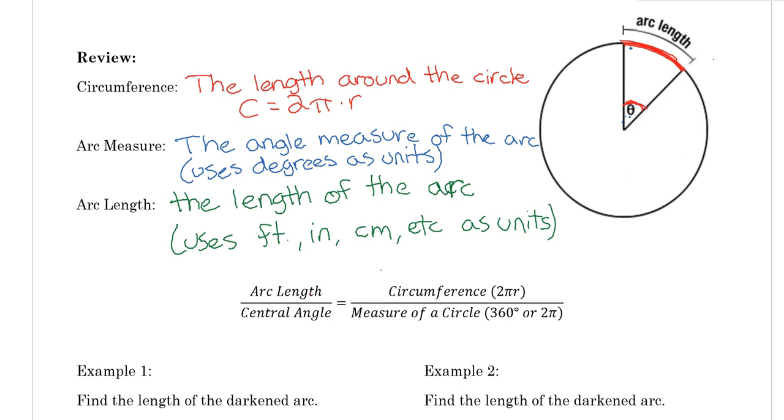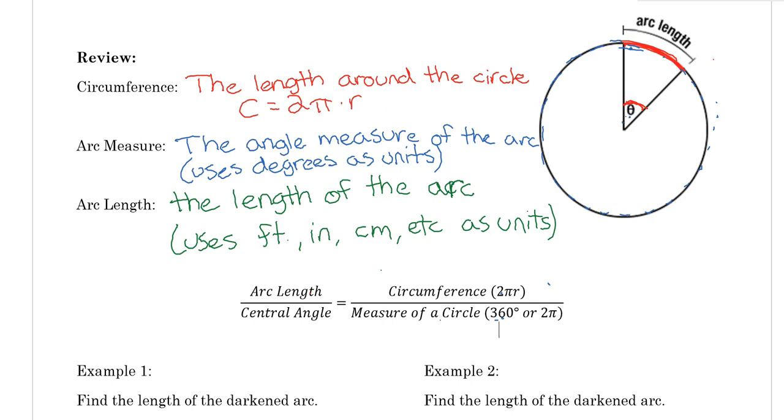So the piece over piece is going to equal the whole over the whole. I'm going to look at circumference, which is 2 pi times r, that whole part around the circle, divided by the measure of the whole circle. That's always going to be 360 degrees or 2 pi, if I look at the whole angle measurement of a circle.